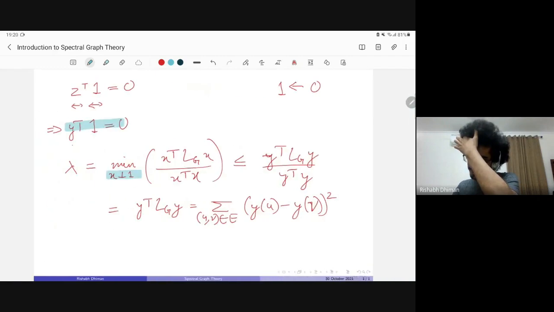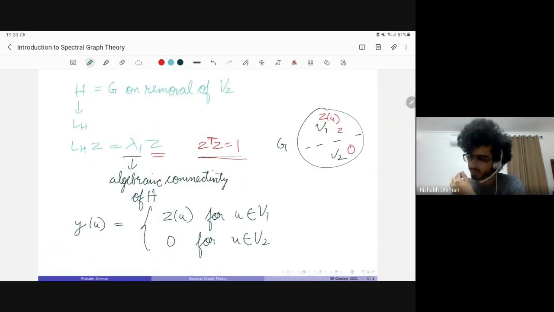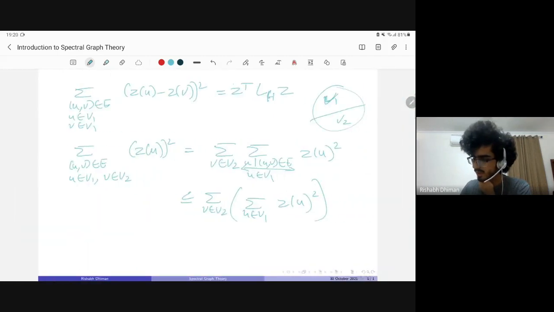Now, if you recall here, we added the constraint that their dot product is 0. And what you have, this value is just 1, a sum of 1, and you get V2.